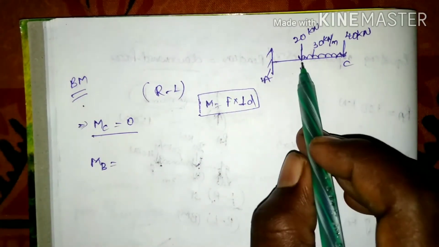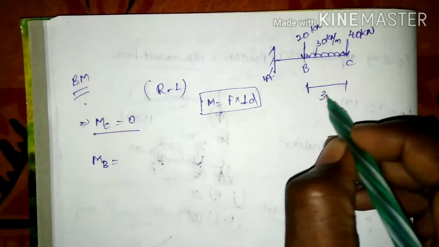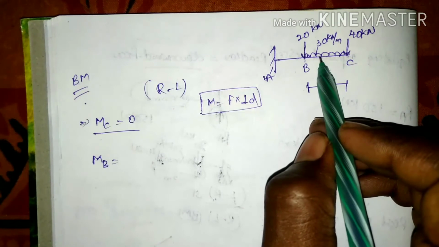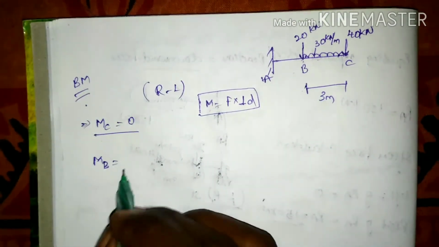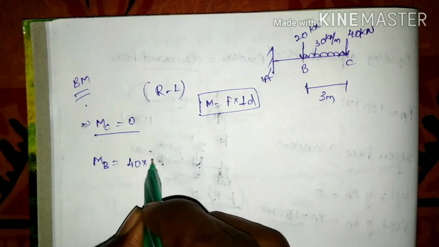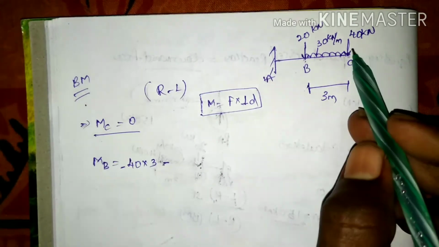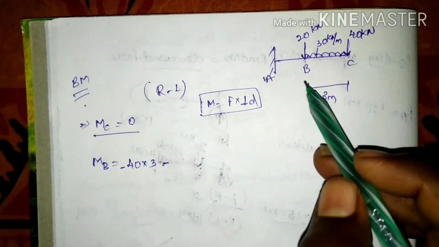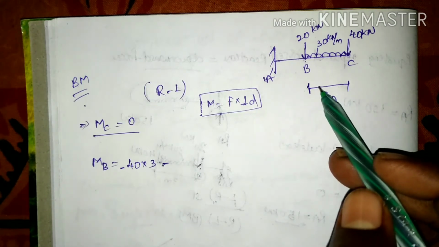From C to B, that is 3 meters, and the UDL load is also acting up to B, so that 40 into 3 minus, this is also minus because it is acting in a hogging moment. The cantilever is having the moment in a hogging.